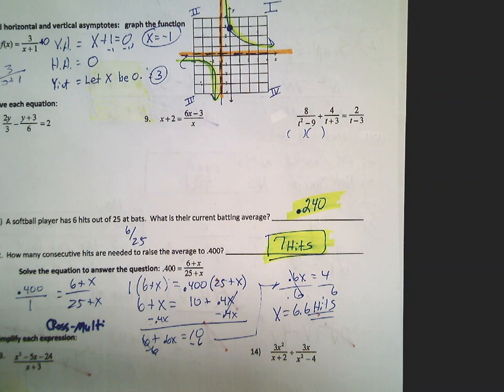Go ahead, fill it in. T squared minus 9. Your job is to factor T squared minus 9.